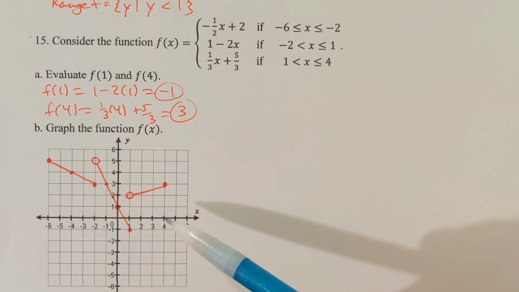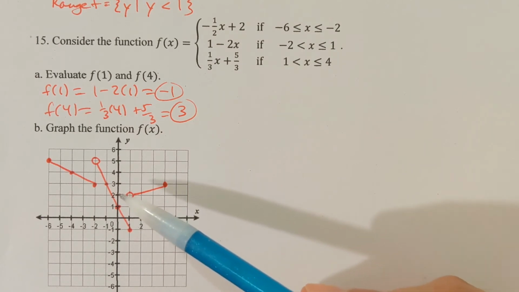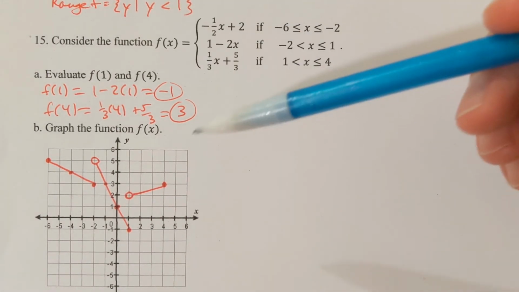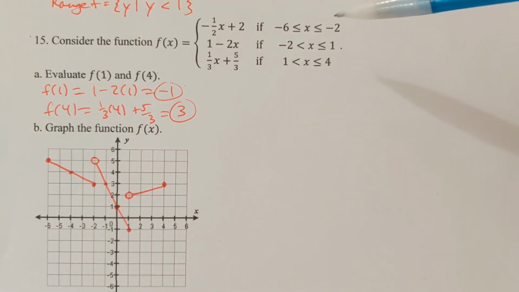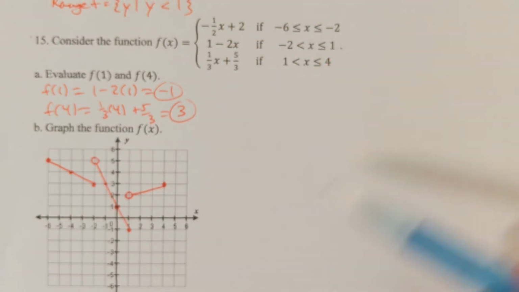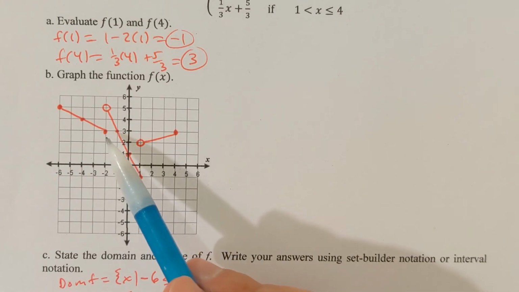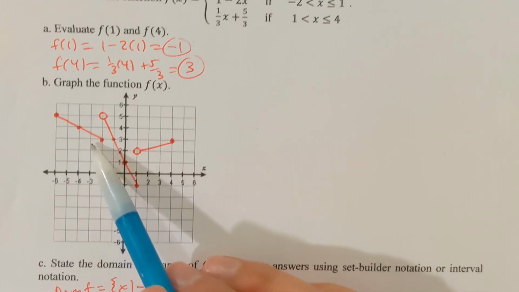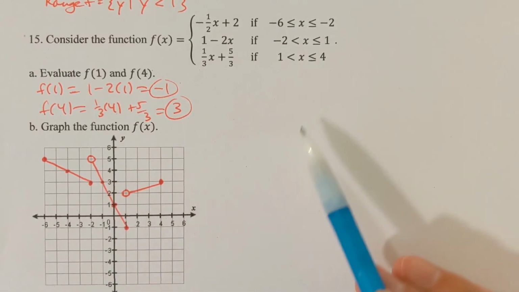So this line crosses the x-axis at negative 4 and the y-axis at 0, 2. I only want the part of the line for when x is greater than or equal to negative 6 and less than or equal to negative 2. So here I'm at negative 6, and at negative 2, and I'm only going to keep that part. I want closed circles on both ends, since I'm including my two endpoints.